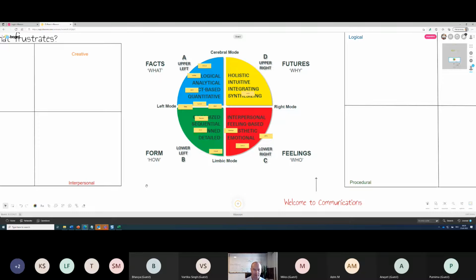If the majority of your team members are logical, you'll communicate with them really easily, because you'll be giving them the facts and the analysis, and they'll be going, wow, we love facts and analysis. If you have people in your team, though, that are much more feeling-based and emotional, who need to know who's involved and the values of why they're doing something, then they'll struggle to understand you, and that will generate friction and conflict, and you'll struggle to understand them, and that will generate friction and conflict.